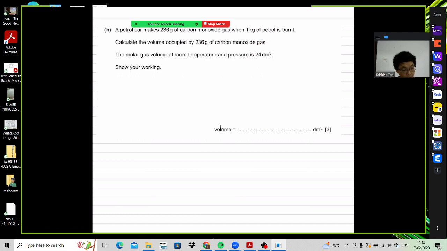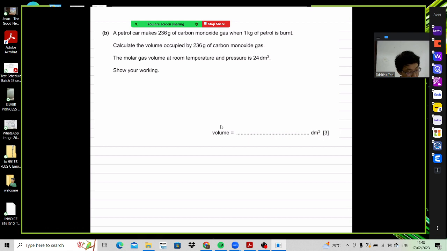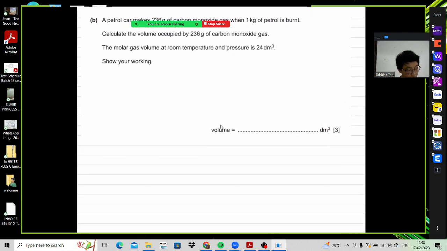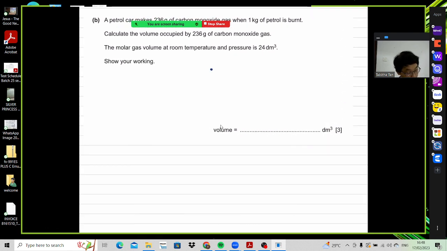Now if you look at the marks, it is 3 marks allocated. Surely it is not a one-step thing. So let's move in. We know eventually in order to find that gas volume, let's split that into 2 stages.